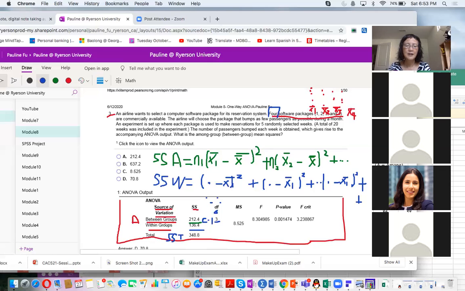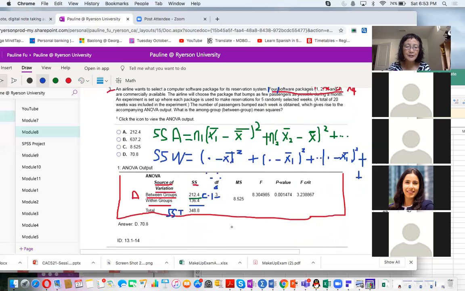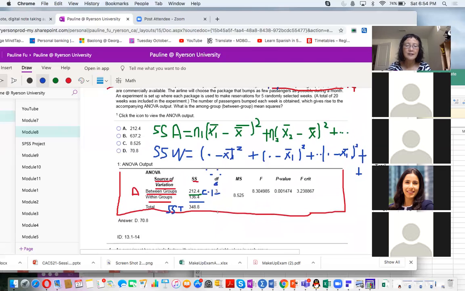And then you have, this table missed something, but okay. There's another degree of freedom within group. How do you find out degree of freedom within group? It is total number size n minus number of groups C. Okay.